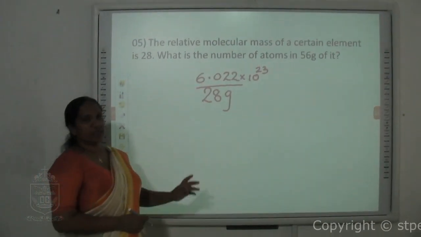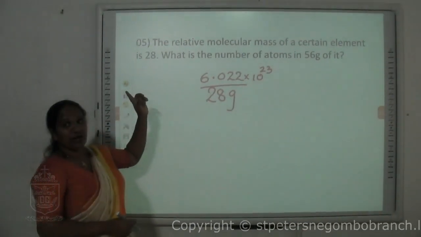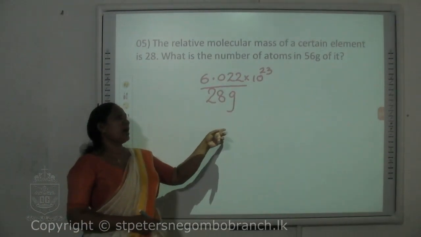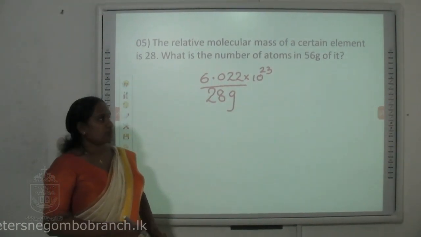We don't know what this element is. In that element, the relative atomic mass is given as 28. That means in 28 grams, the Avogadro number of atoms is there.